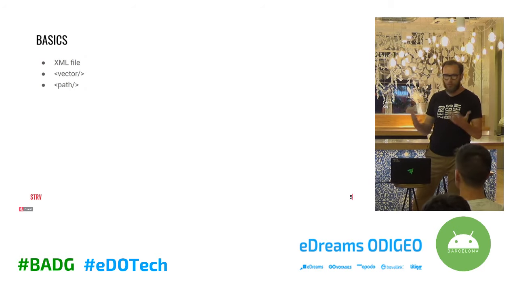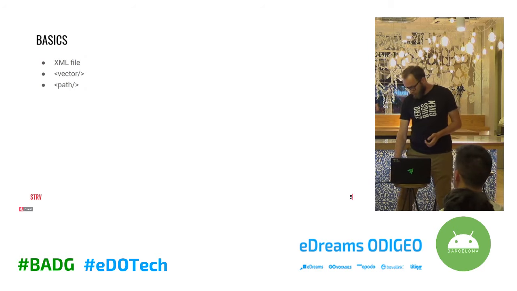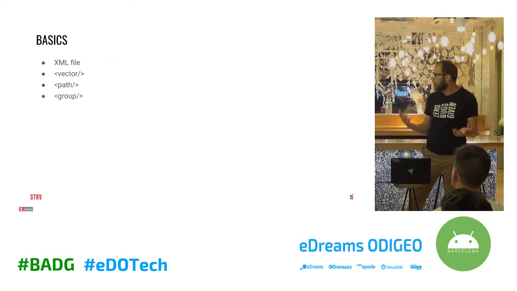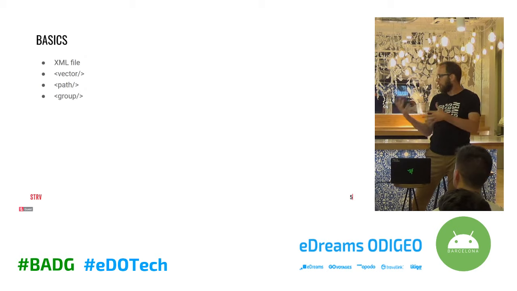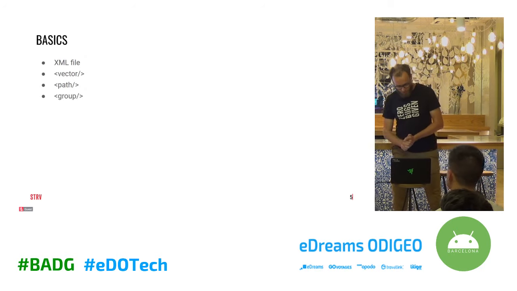Then you can, but you don't have to, group the paths in a group, which gives you more power over how to transform the paths you created. I will talk about it later, so it's just high-level basics.